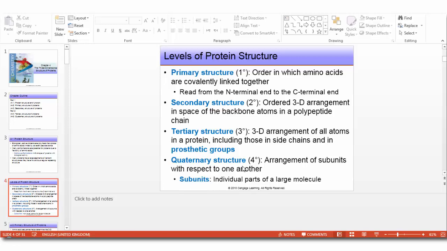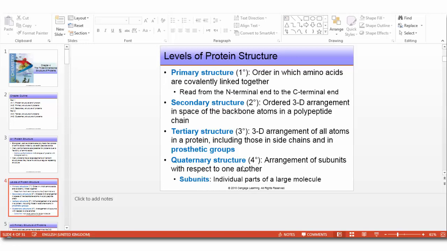The primary structure is the one-dimensional first step in specifying the three-dimensional structure of a protein. Secondary structure refers to the ordered three-dimensional structure in space of the backbone atoms in the polypeptide chain. The alpha helix and beta pleated sheet are two different types of secondary structure, which we will talk about as we go.